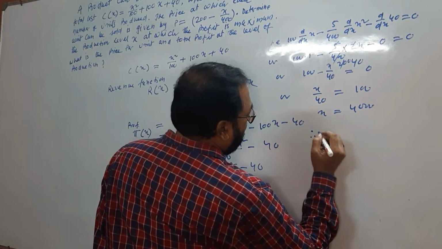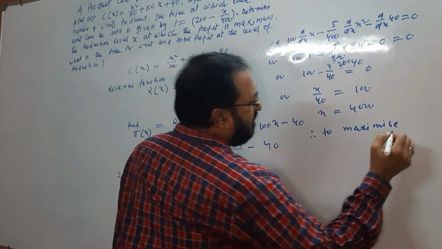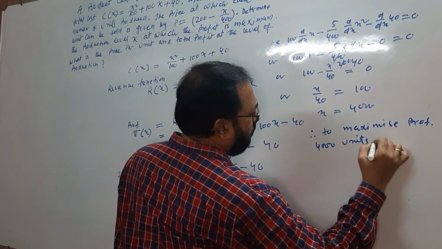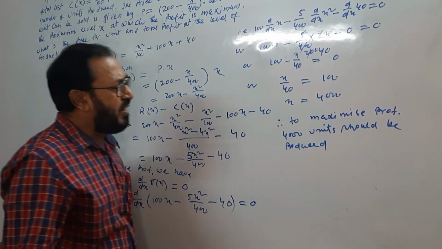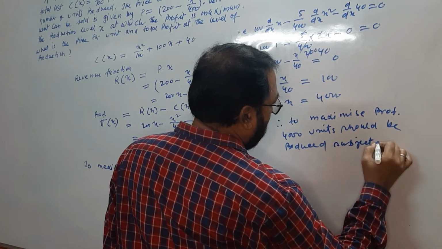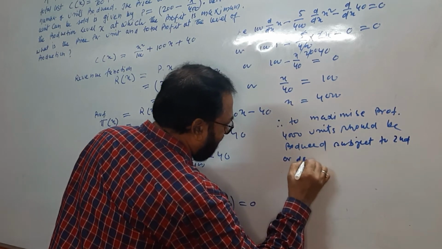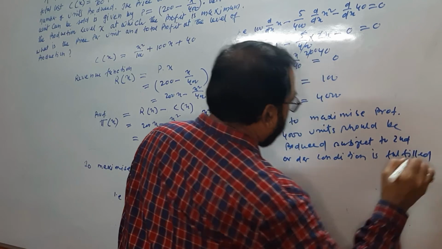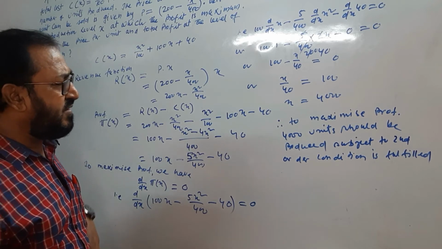Therefore, to maximize profit, 4000 units should be produced, subject to the second order condition being fulfilled.